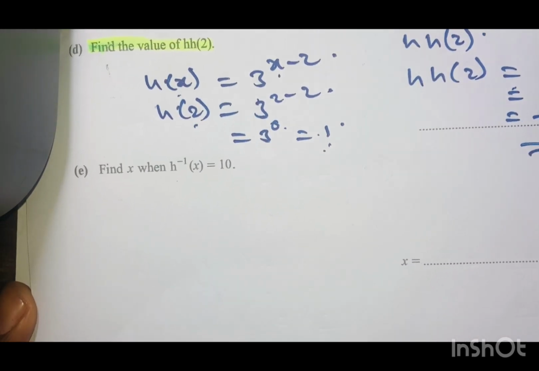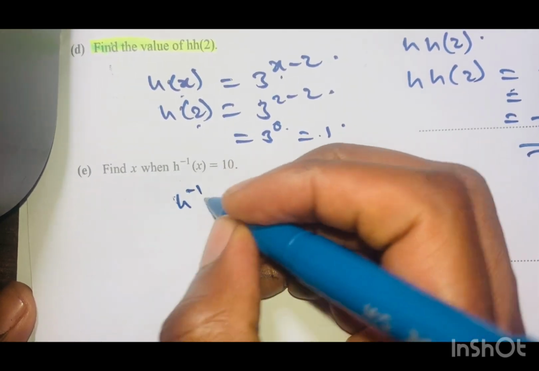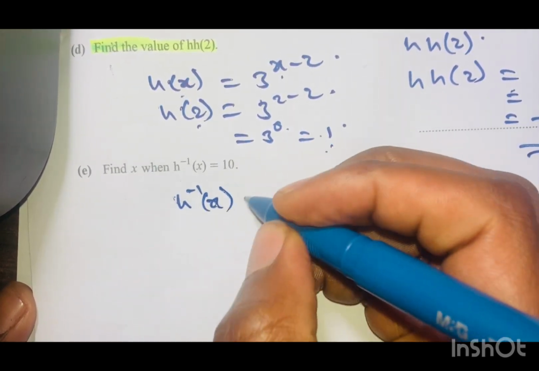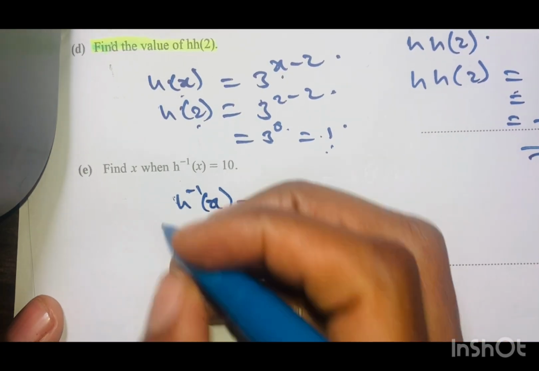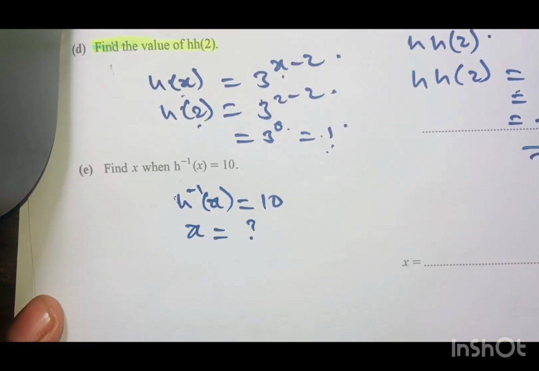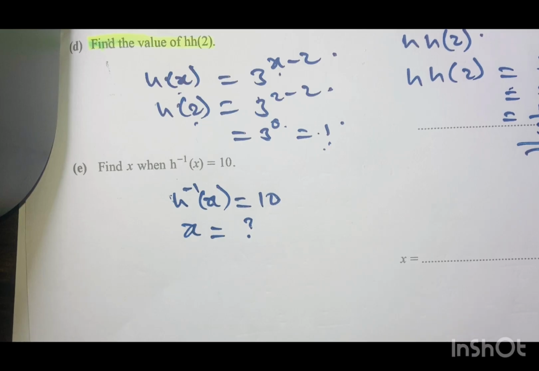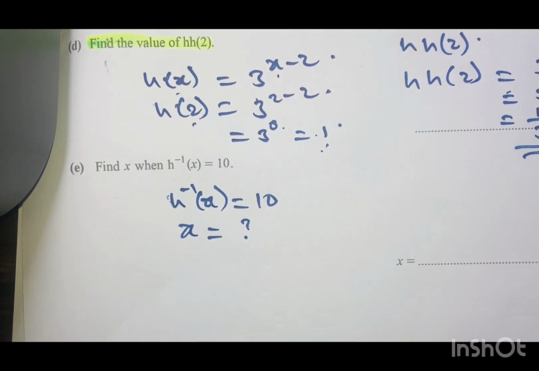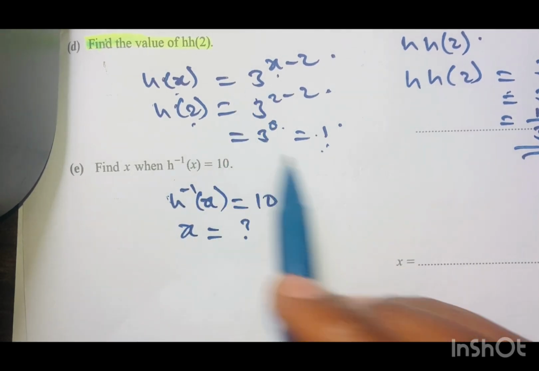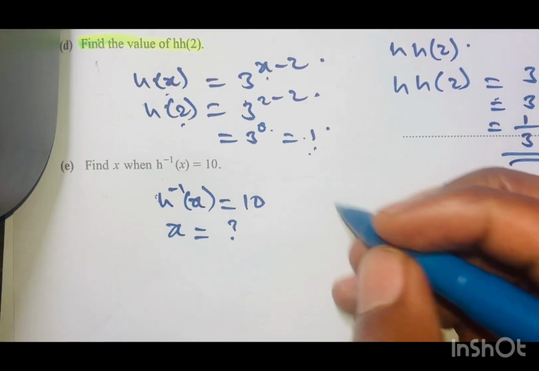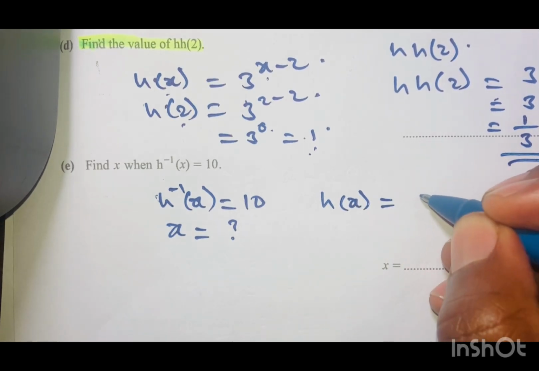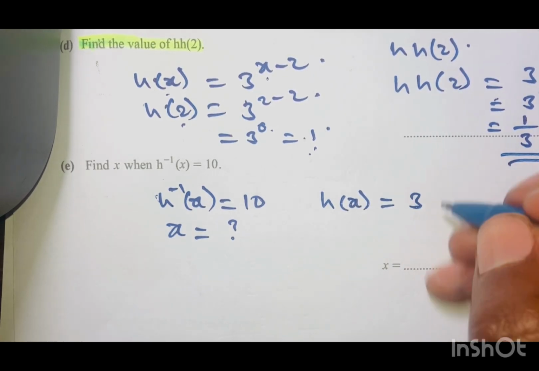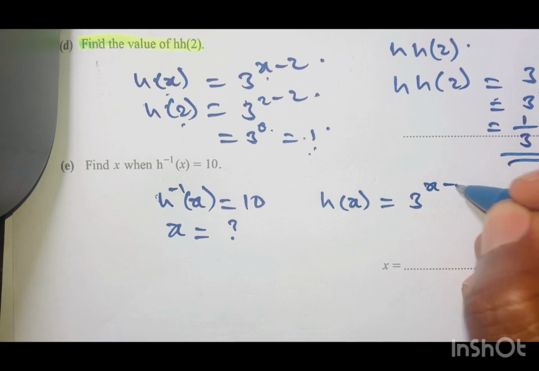Then for h inverse of x is equal to 10, I have to find x. x is equal to question mark. So what am I going to do here? I'm going to take h of x, which is equivalent to 3 to the power of x minus 2.